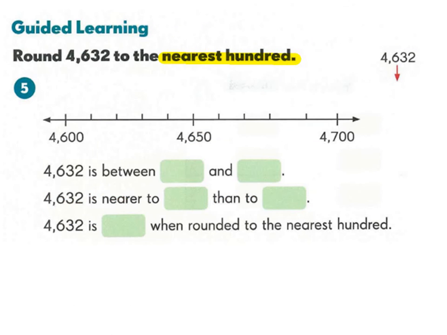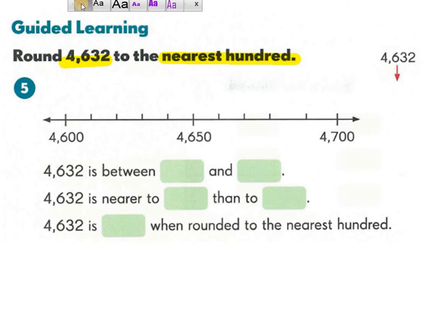All right, I want you to take this number right here, 4,632, and round it to the nearest 100. I want you to figure out where it goes on that number line, and then we'll fill in these boxes together. So press pause and figure that out.